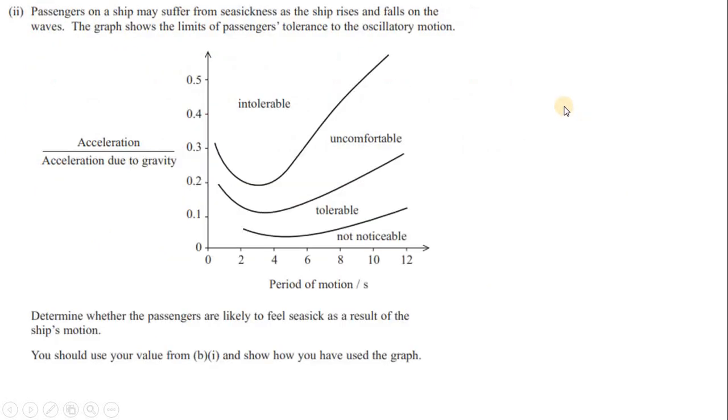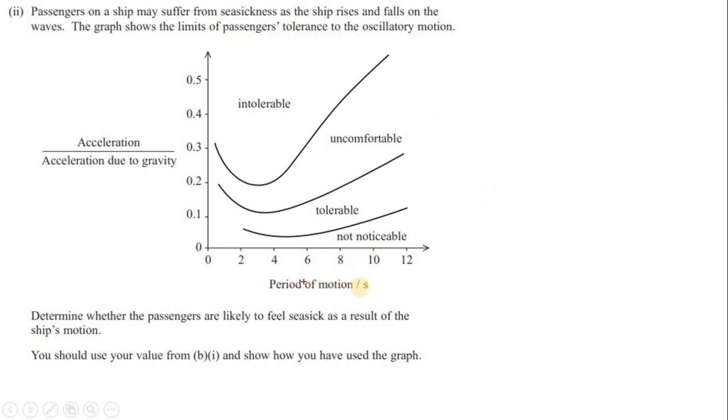Passengers on a ship may suffer from seasickness as the ship rises and falls on the wave. The graph shows the limits of passengers' tolerance to the oscillatory motion.